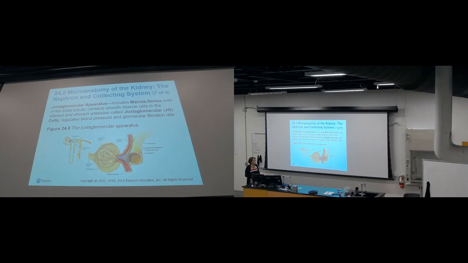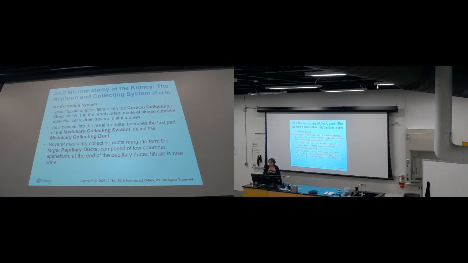So you release a hormone that is called renin. Here, not a hormone, it's an enzyme. And that renin is going to start the cascade of the renin angiotensin aldosterone system. And then you increase the blood pressure.